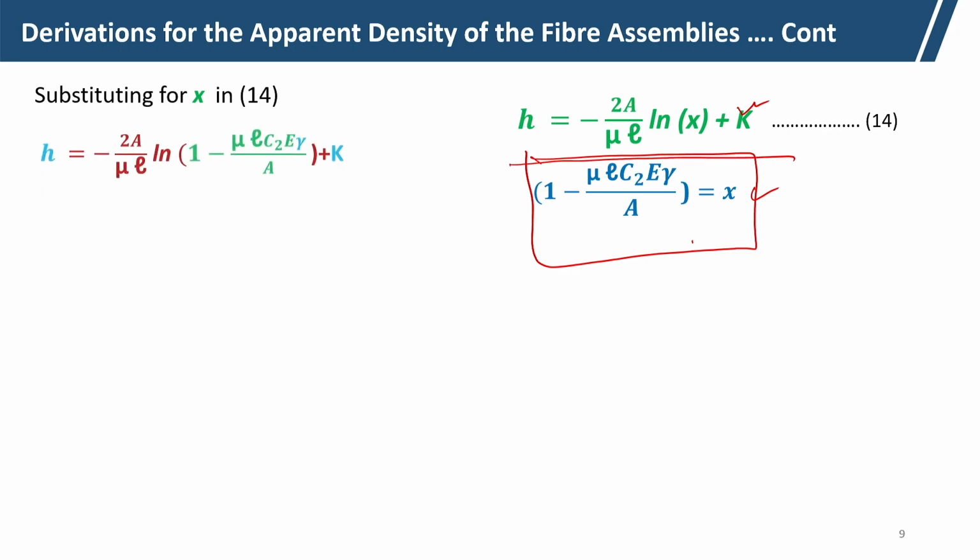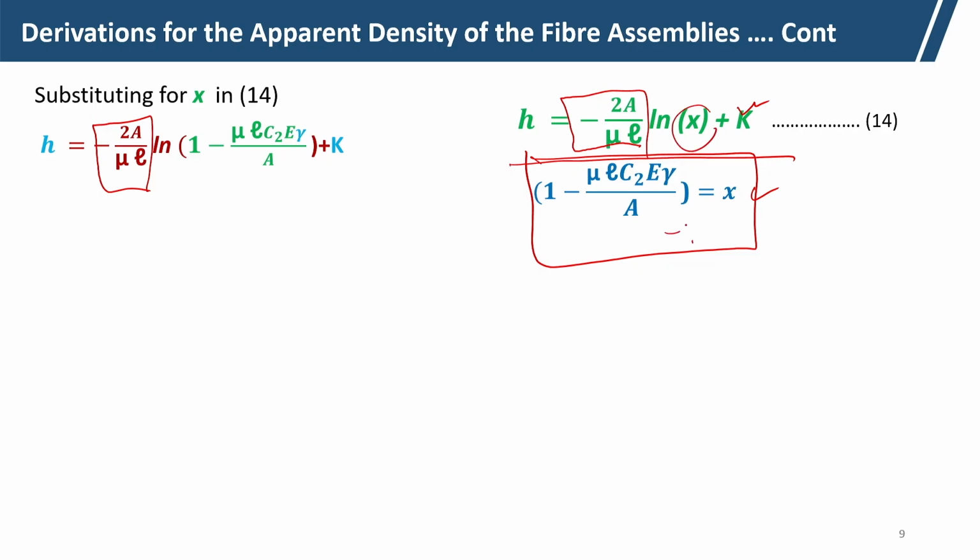So, we can now see h equal to minus 2a by mu L, then natural log x, where x we are substituting here, plus k. So, that is becoming h.